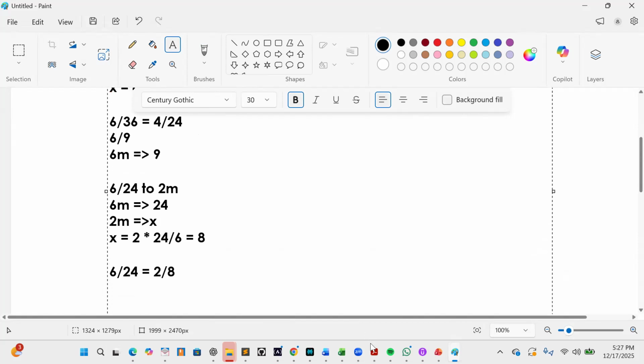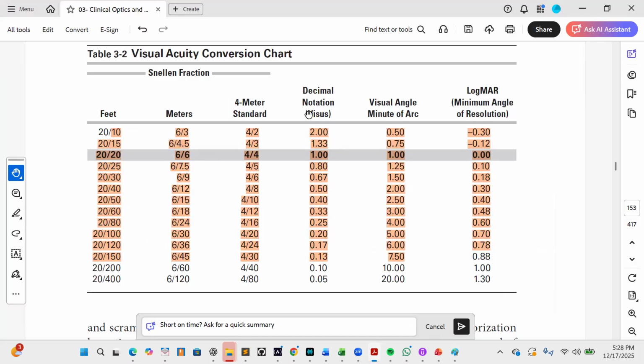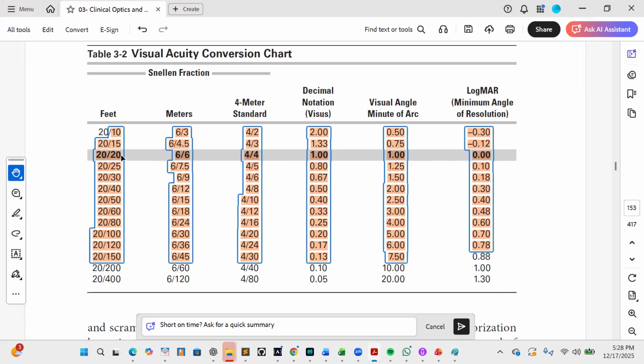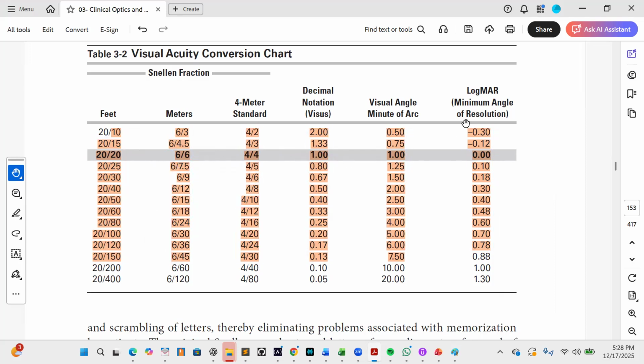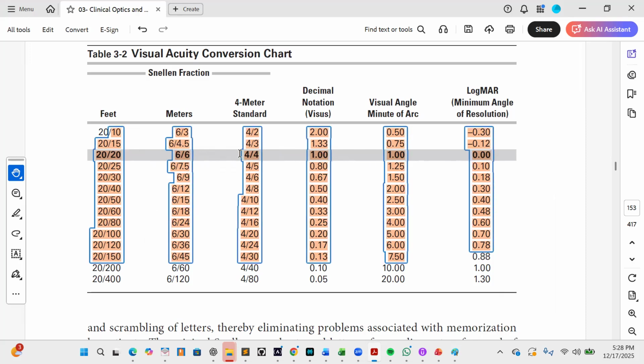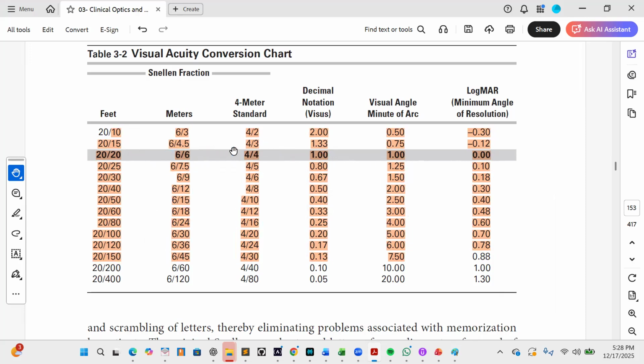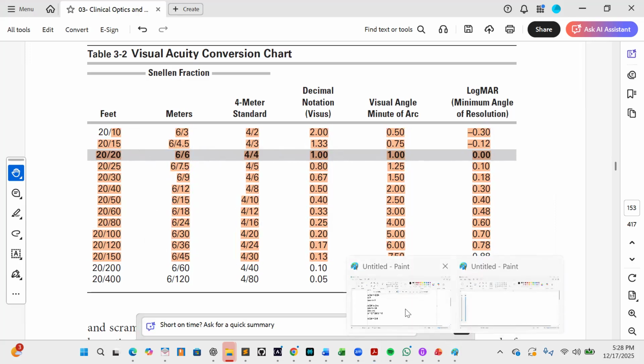And if you see, even the visual acuity will be the same thing. The visual acuity is when you divide the units. This notation is when you divide 20/20 to be 1, so the visual acuity will be 1. Even in a 4 meter chart, the visual acuity will be 1. And the logMAR will also be the same thing because the MAR will still be the same thing. So everything should be the same, whether a 4 meter, 2 meter, or 1 meter chart.